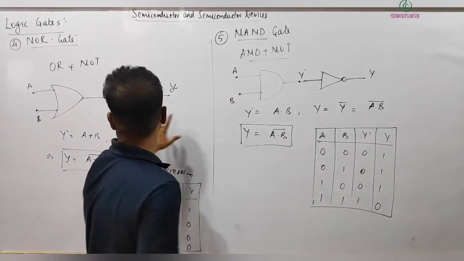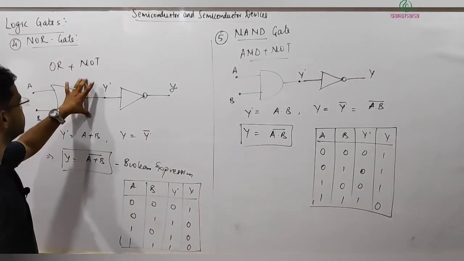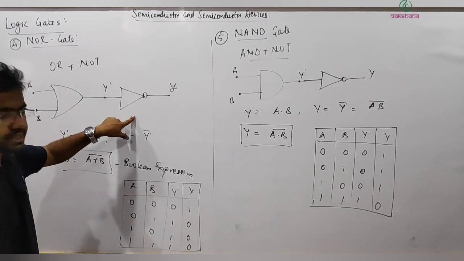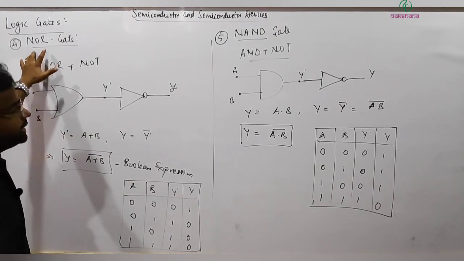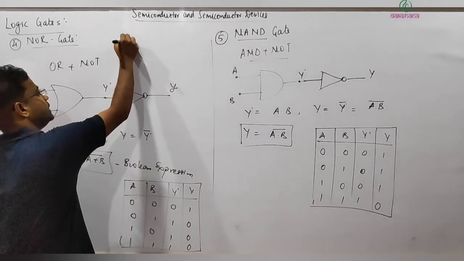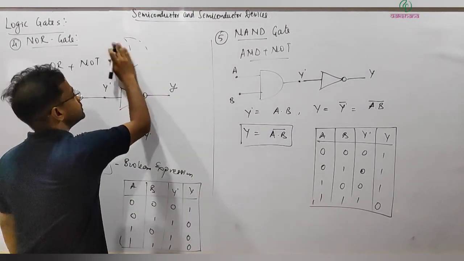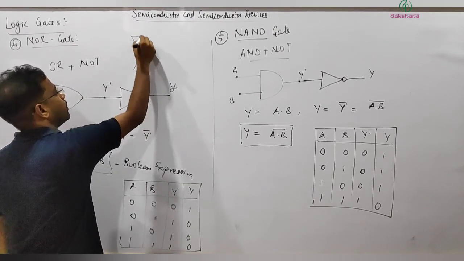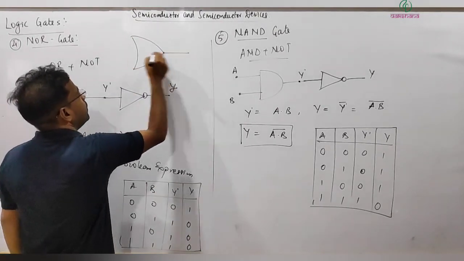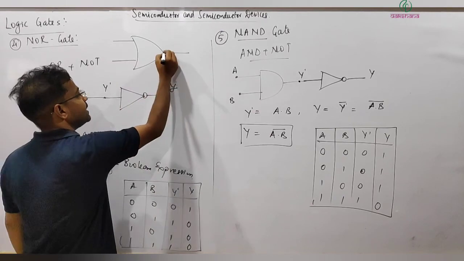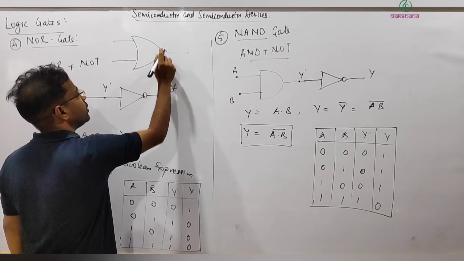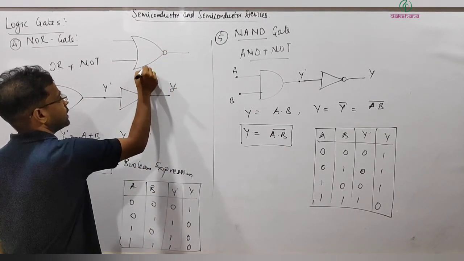First thing, this is a combination forming a NOR gate, but it is effectively just an OR gate followed by a NOT. And if I am using a dot, then it basically forms the NOR gate.